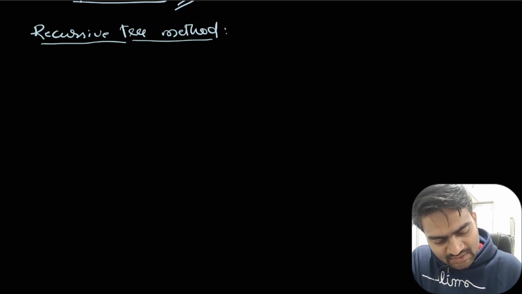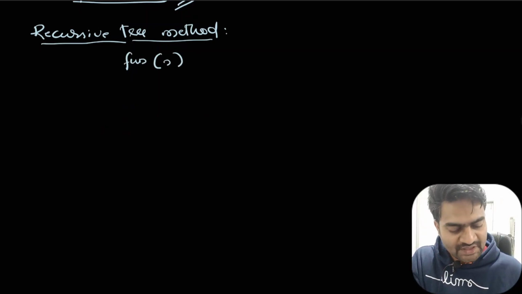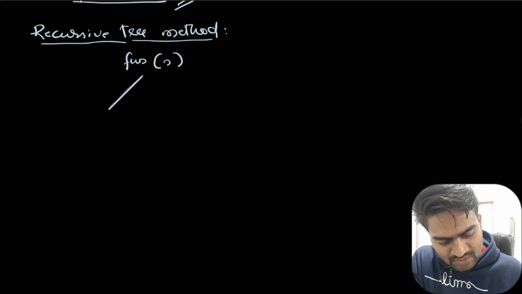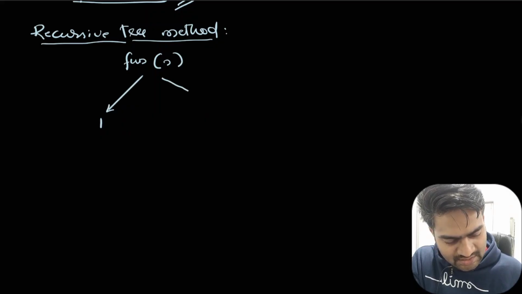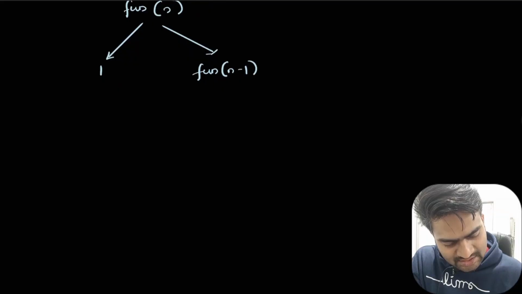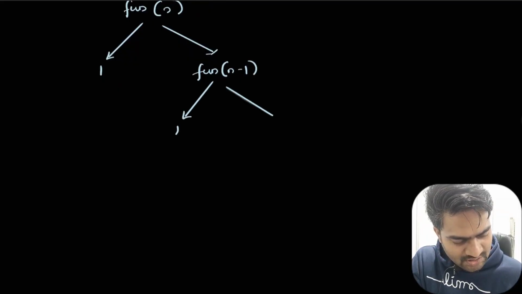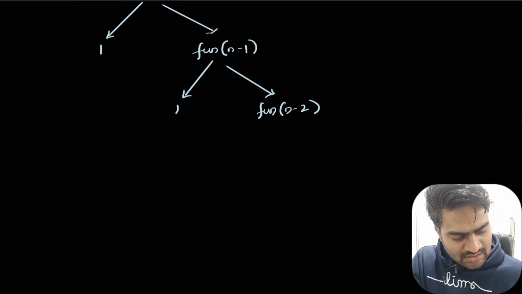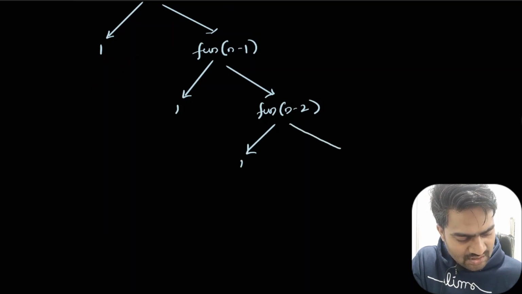Initially our function will be with n inputs. Then it will do one check and then call function n minus 1. Next, again it will do one check and then call function n minus 2. Again the same, it will do one check, then call function n minus 3.